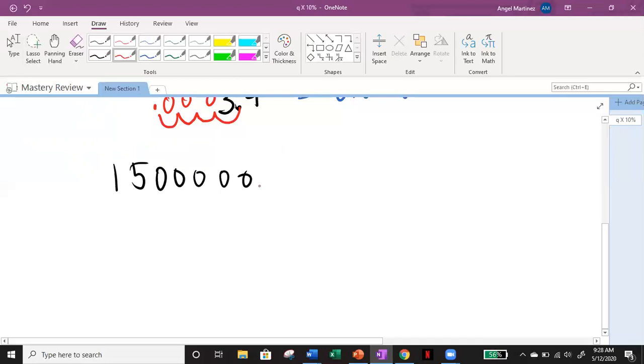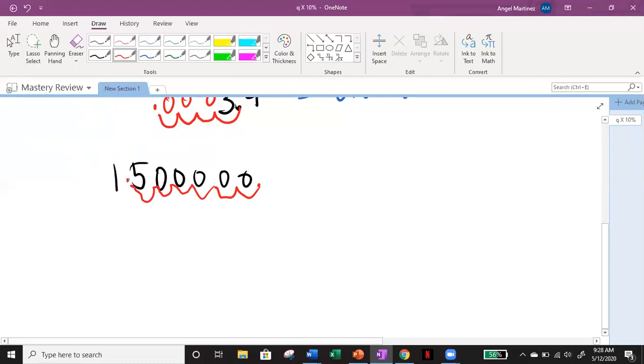We start at the end, since this is a whole number, and this time we move back until we have a number between 1 and 10. 1, 2, 3, 4, 5, 6.